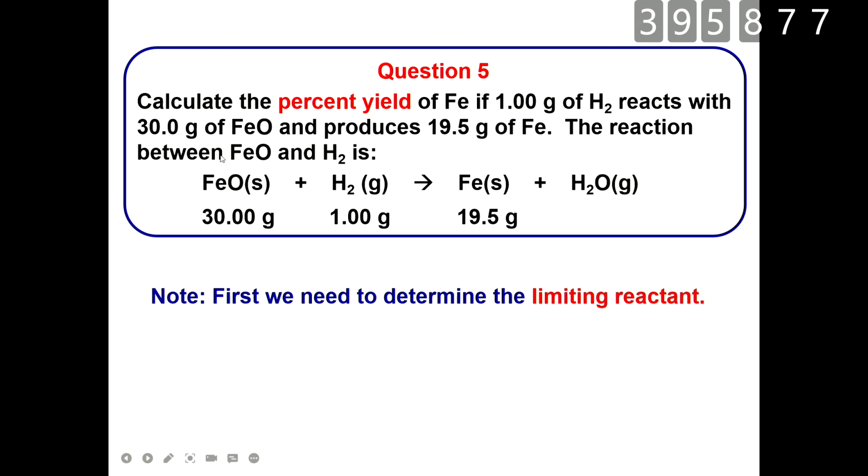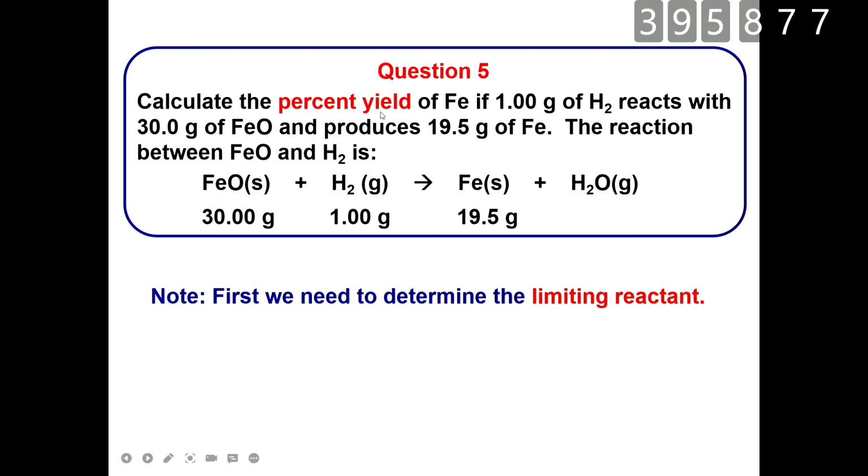The reaction is like this, and this equation is balanced. Now we know the mass of this reactant, we also know the mass of this reactant, and we also know the mass of this product. We need to calculate the percent yield.